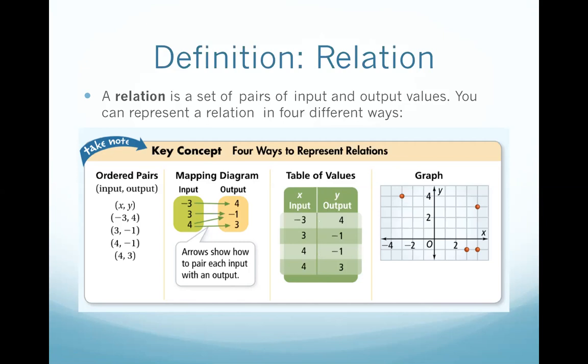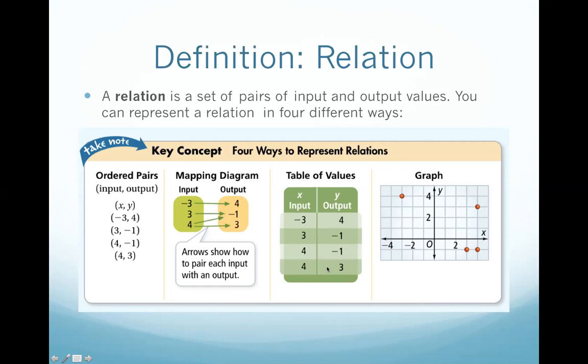For an input value of -3, we can look across the table and see an output value of 4. Input value of 3 gives us an output value of -1. An input value of 4 gives us an output value of -1. And an input value of 4, notice the same input value here, gives us an output value of 3.